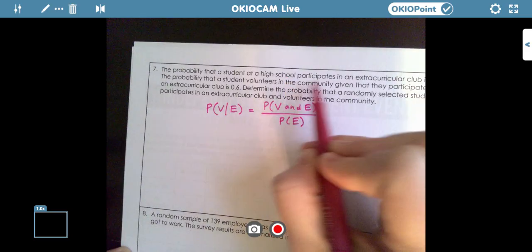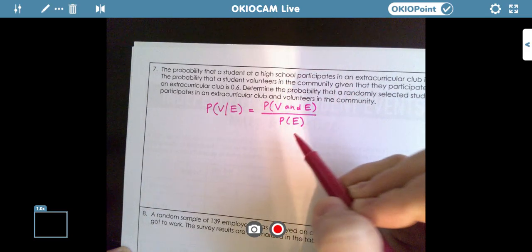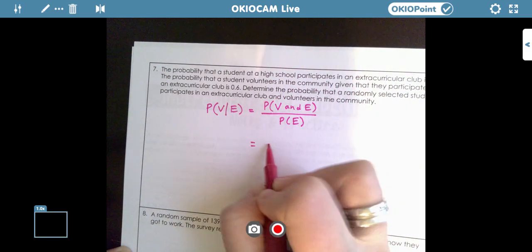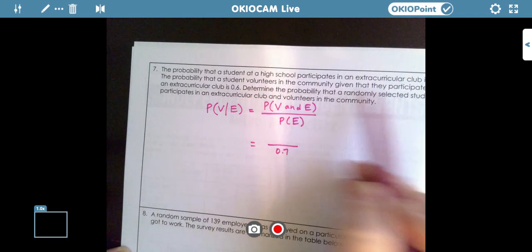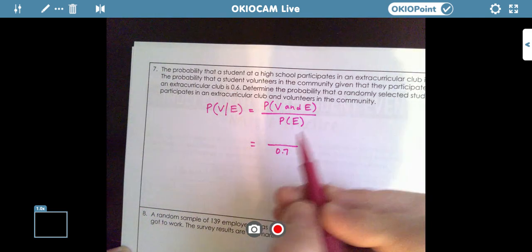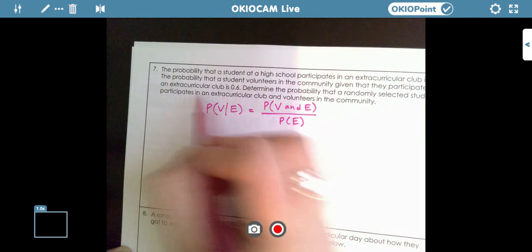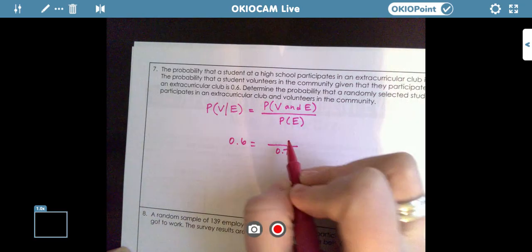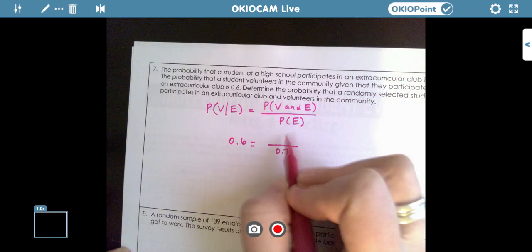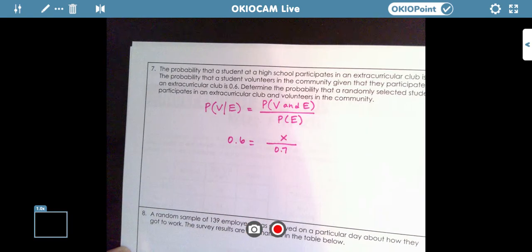They said they participate in an extracurricular club is 0.7, so that's the bottom here. Probability of E, 0.7. Then the probability of volunteering given that is 0.6. So we're given this side this time, and we want to know the probability that they do both. That's this right here, the and.